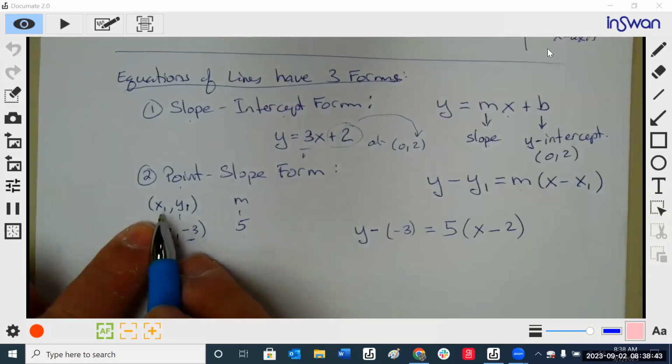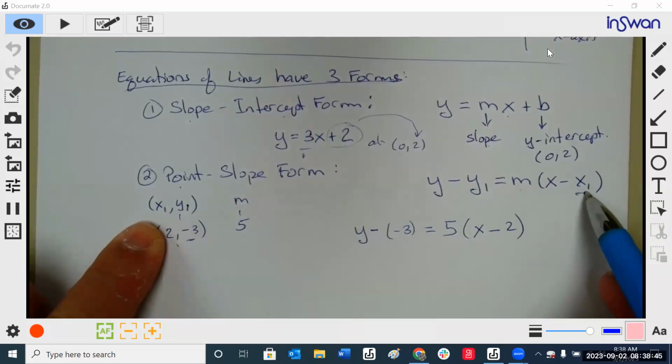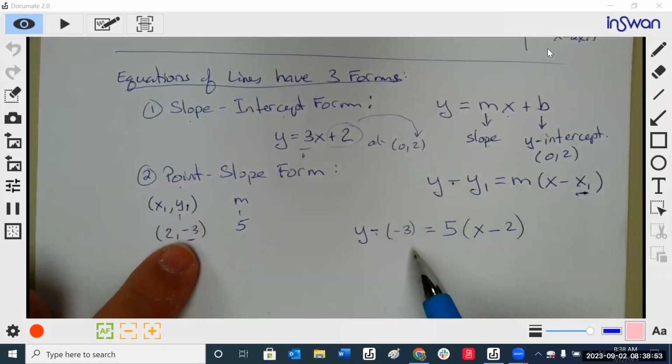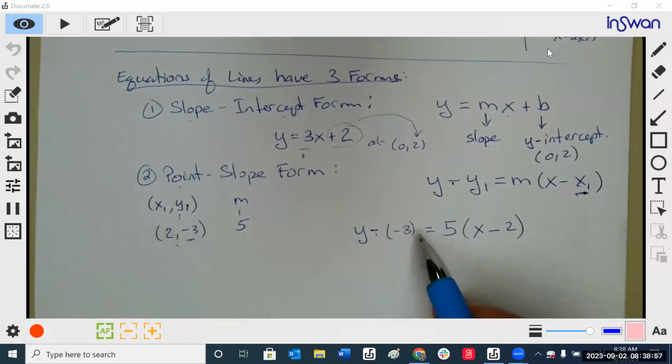Whatever the x1 value is goes in place of x1. Y1, notice there's a minus sign in front of there. So since y was negative, I put it in parentheses. Whenever you're inputting values, if it's negative, always put it in parentheses.